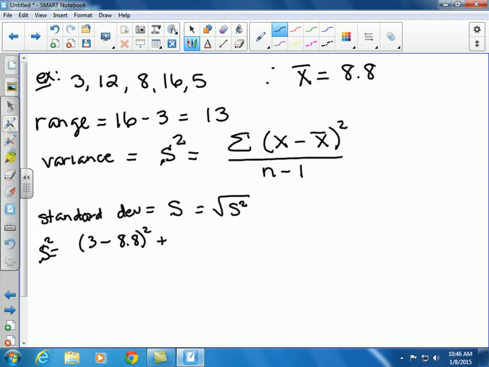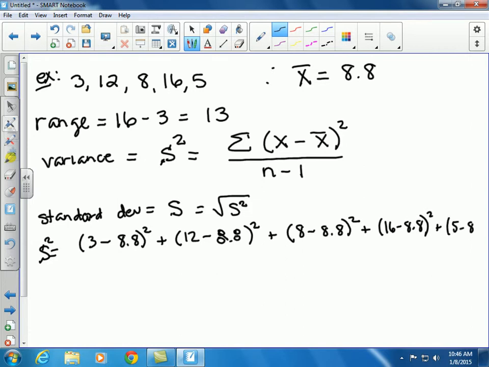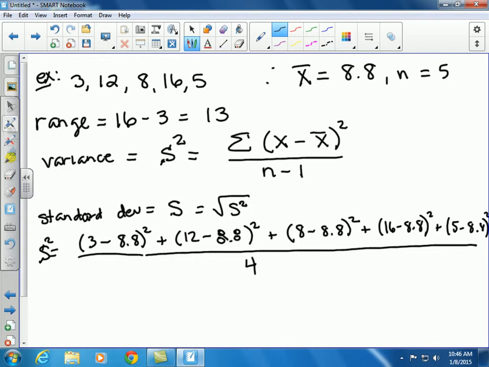Then you add 12 minus the mean, which happens to be 8.8, squared. Then the next data point, 8 minus 8.8, squared, plus 16 minus 8.8 squared, plus 5 minus 8.8 squared. And then you take all of those and divide by 4, or n minus 1, since from above n is 5.